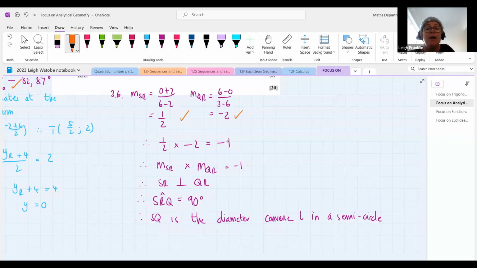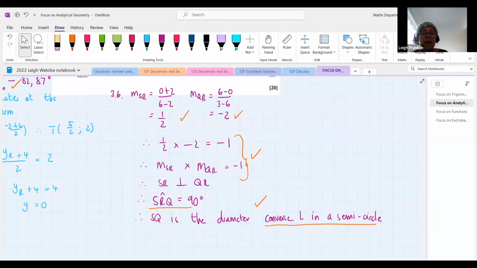There would have to be a mark on getting that, and then we have to state this and our reason together because this is what proves it, and then our final mark would be for writing SRQ as 90 and converse angle in a semicircle.